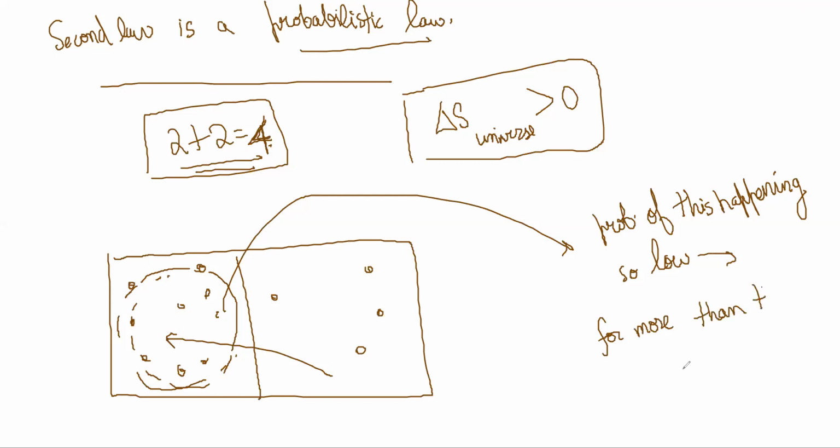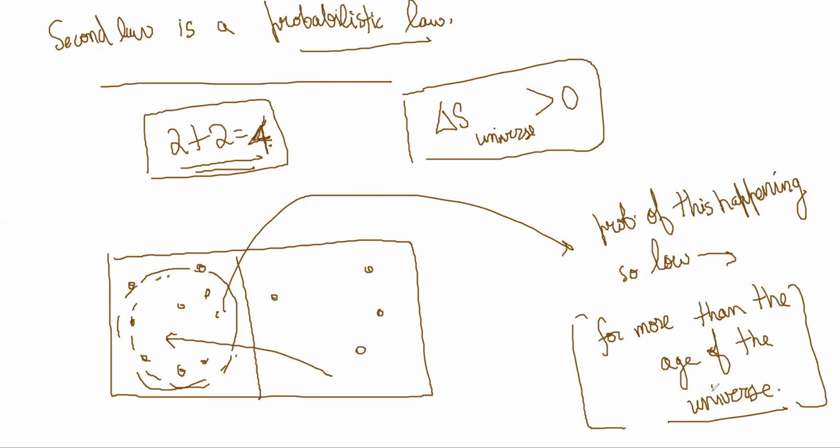You understand? It will never happen in the sense that it is so improbable that you will have to wait forever for it to happen on its own. It's a probabilistic law in that sense. Any process that decreases the entropy of the universe is so improbable that it might as well never happen.